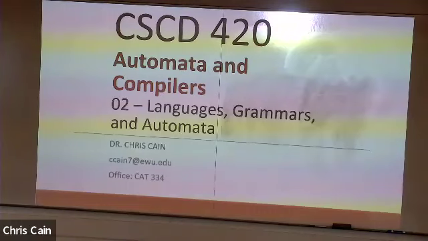So today will be a very brief overview of what languages are, what grammars are, and what automata are, so that we can dive into significantly more detail about specific kinds of each of these, potentially starting later today or tomorrow based on time.